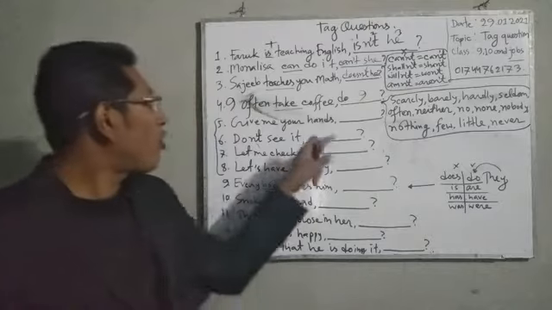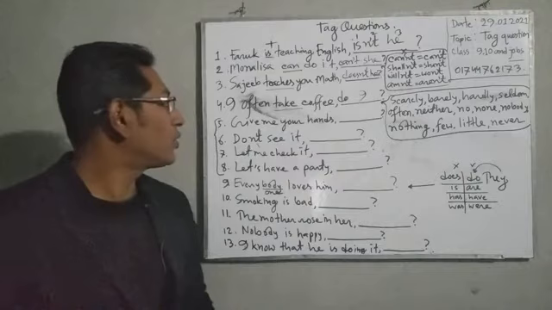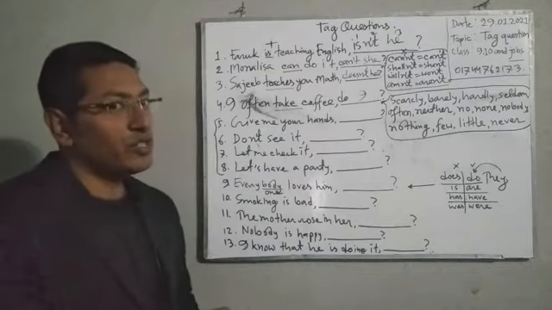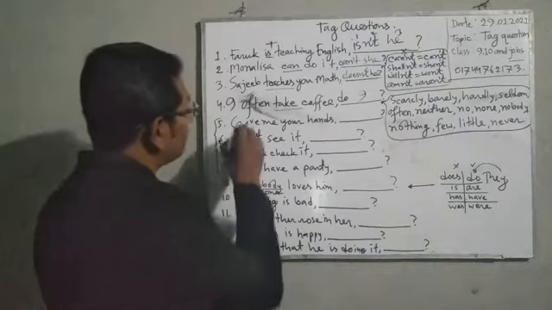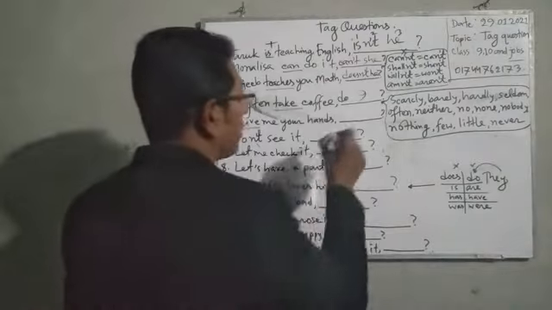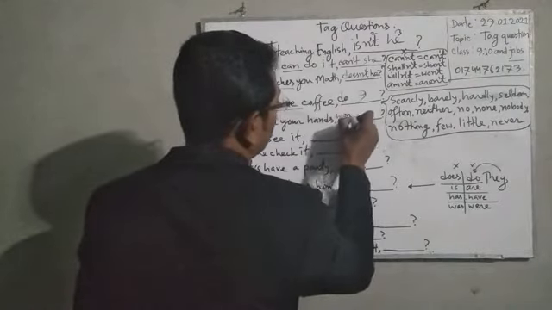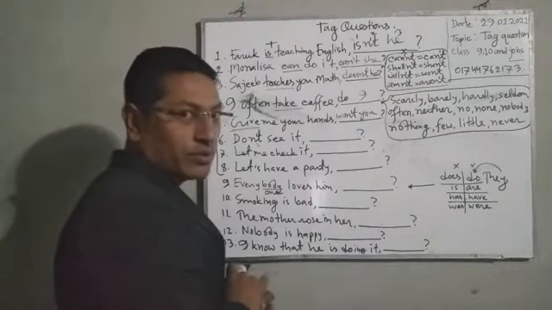Dear viewers, all these sentences are imperative. So, in those situations, we have to follow some techniques. If the sentence starts with a main verb, we use "won't you". Understood?